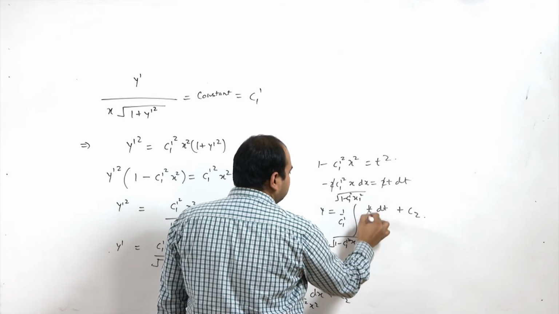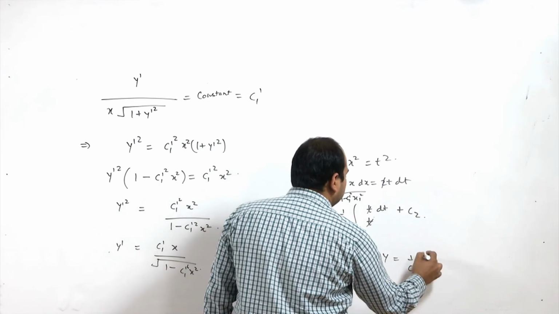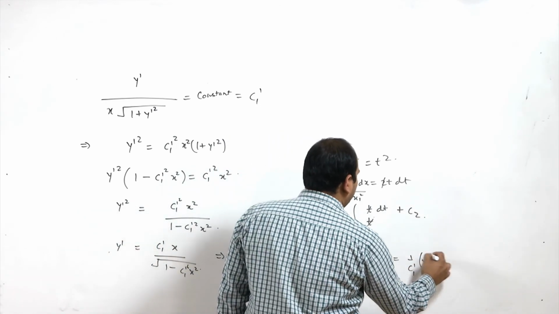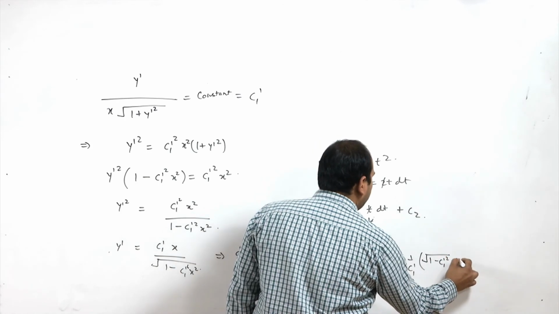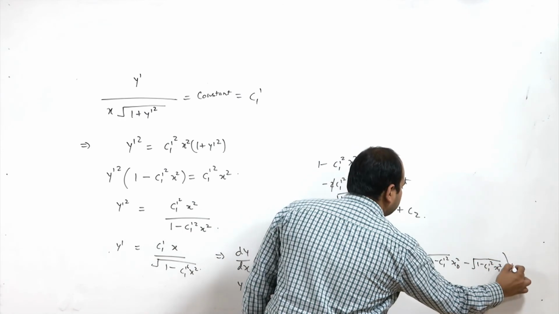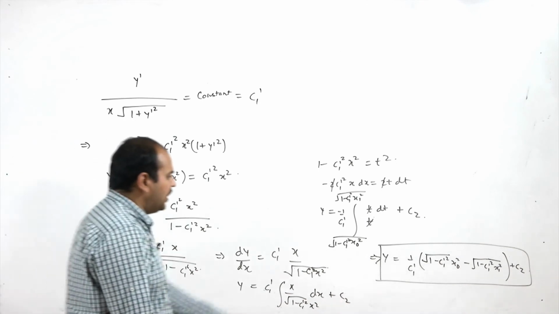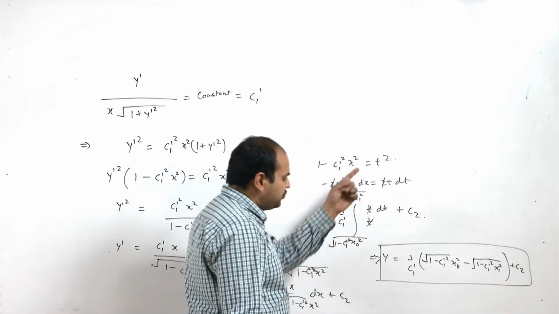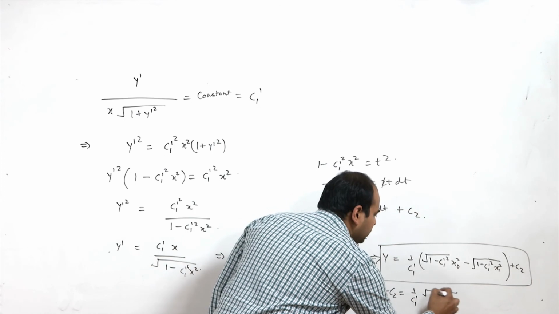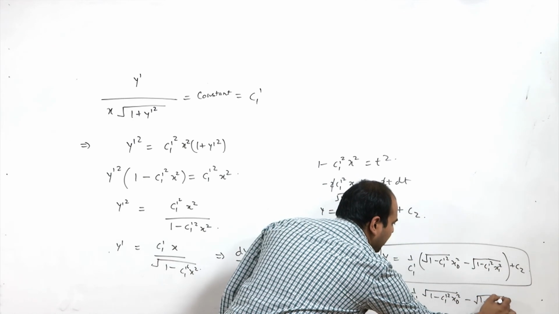So y equals 1 upon C1 dash, with a minus sign because of this, times under root 1 minus C1 dash square x0 square minus under root 1 minus C1 dash square x1 square, plus C2. Your solution is also of this type: if I take x1 as a variable, then y minus C2 is equal to 1 upon C1 dash times under root 1 minus C1 dash square x0 square minus under root 1 minus C1 dash square x square.